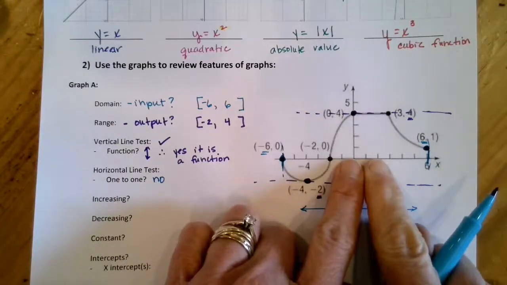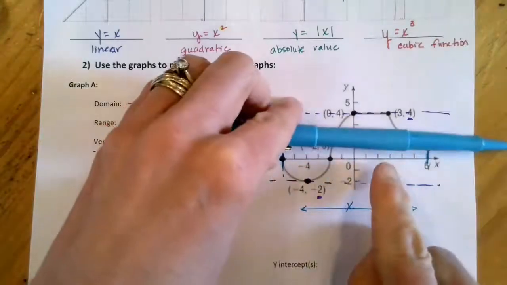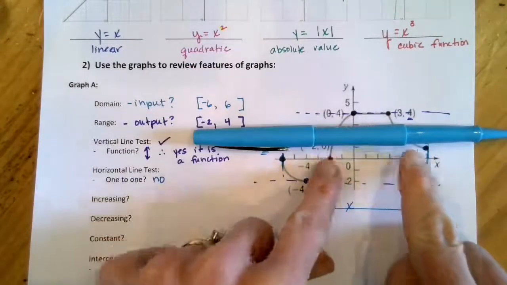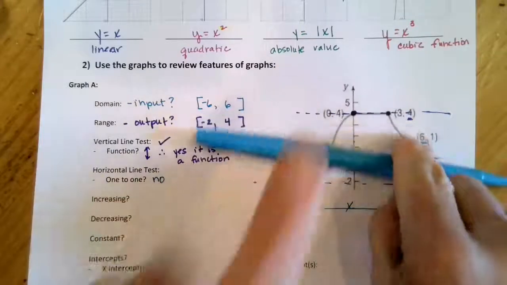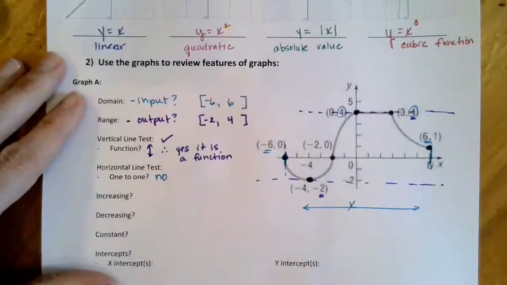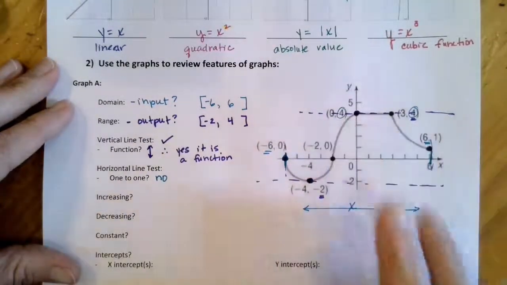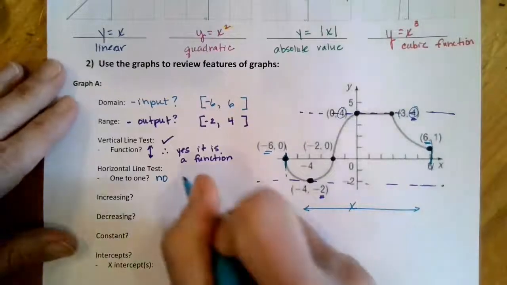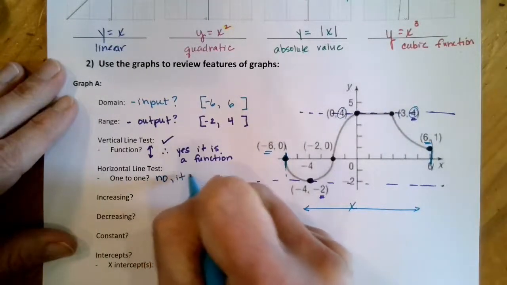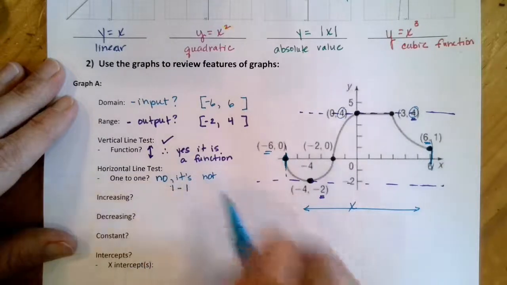This means that when I have different input values, I get the same output values. And you can see that right here in our maximum point. Because two different inputs can give me the same output, it's still a function, but no, it's not one-to-one.